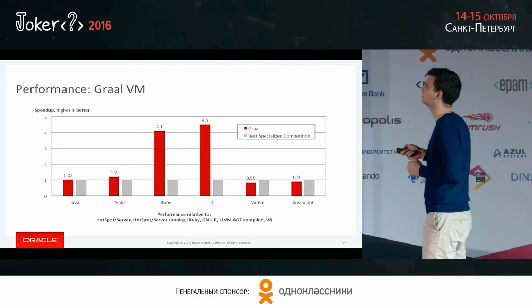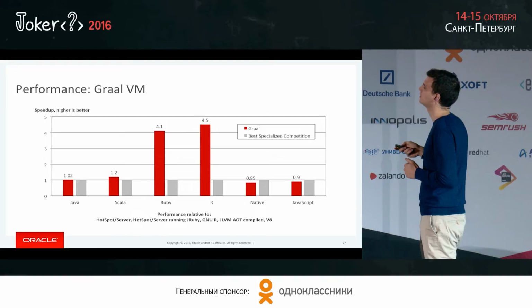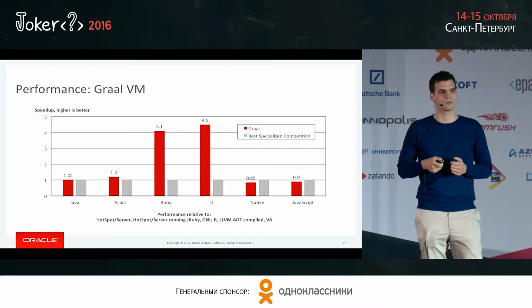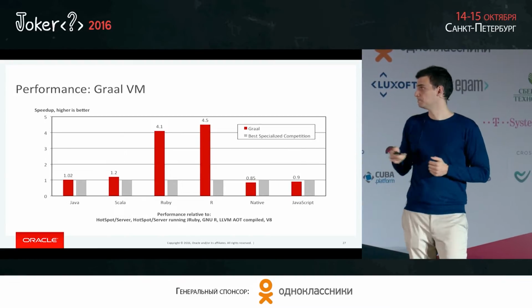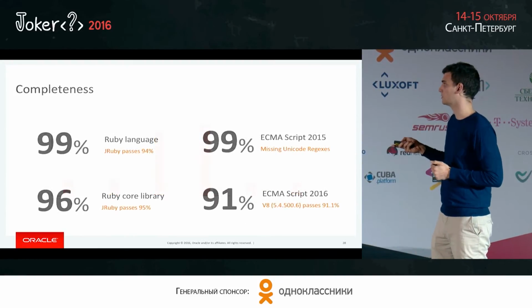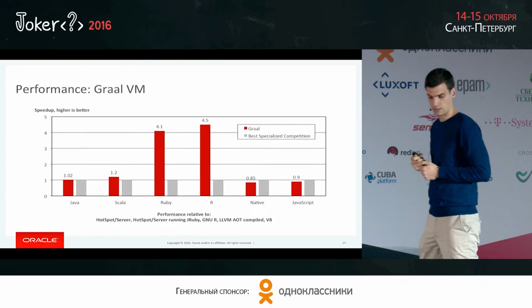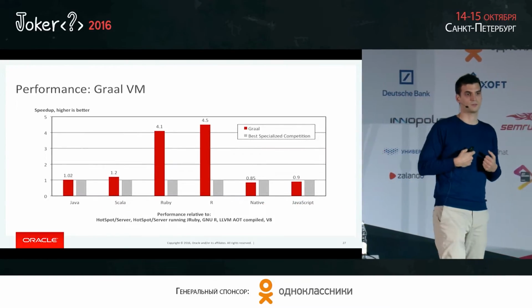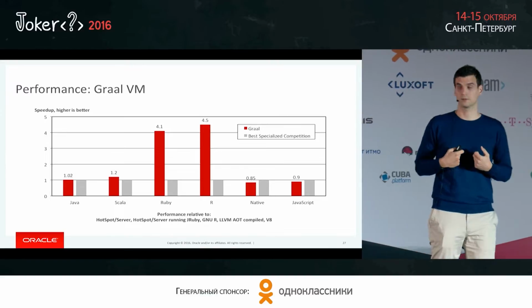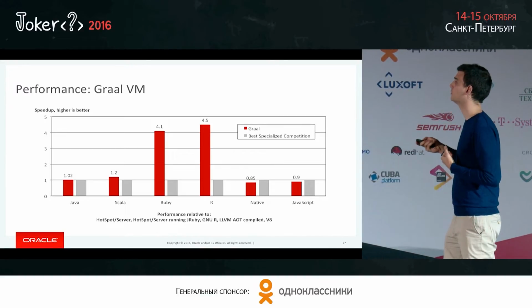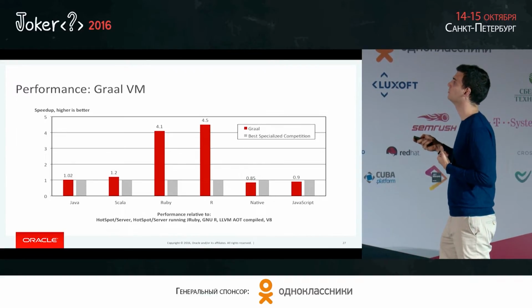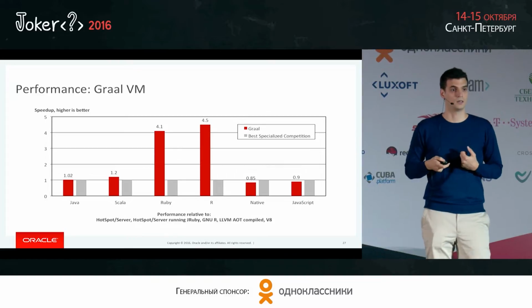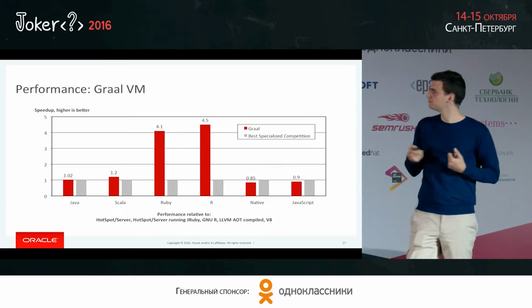For Java, we are just a bit faster than HotSpot currently is. For Scala, which uses many abstractions, Graal gives a 1.2 speedup, which is already significant. And then for Ruby and for R, you get basically 4 to 5 times speedups, which is nice.